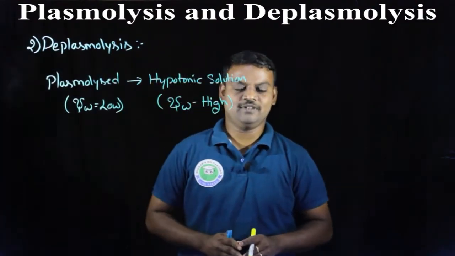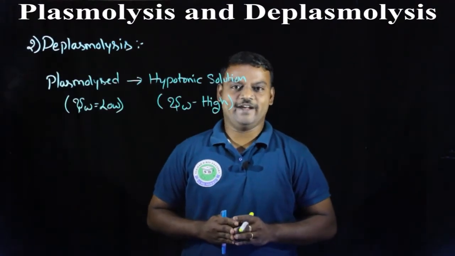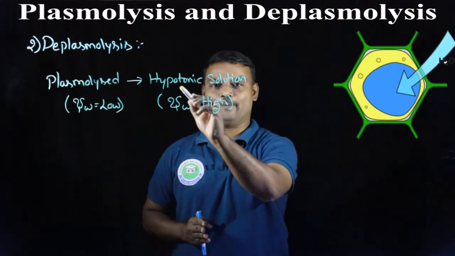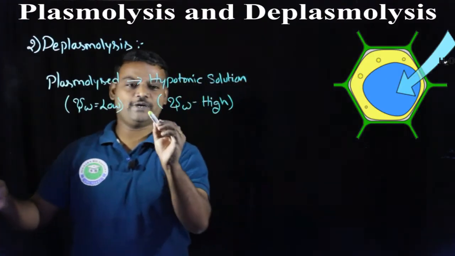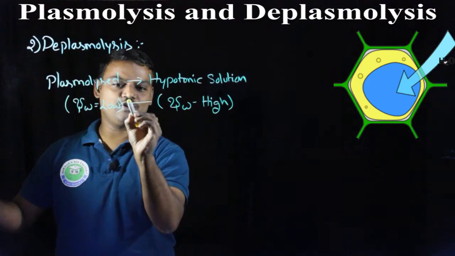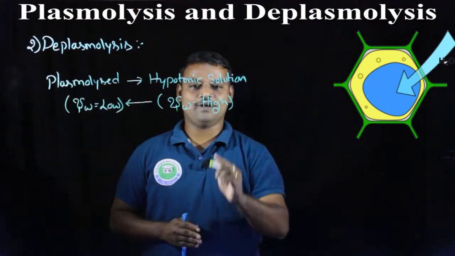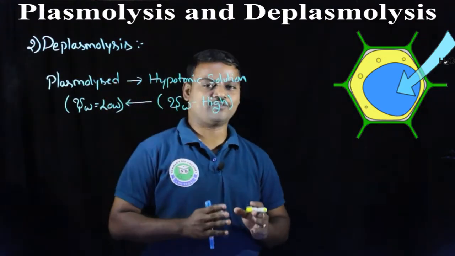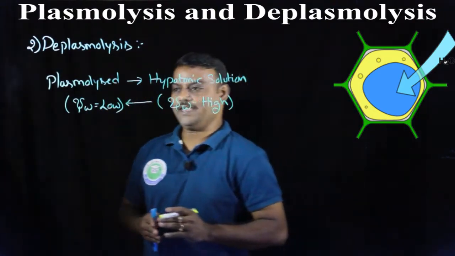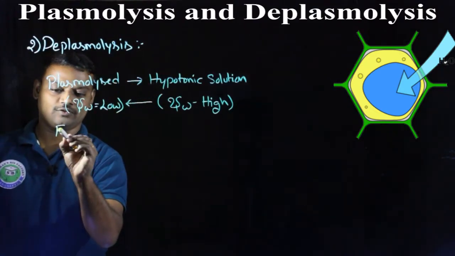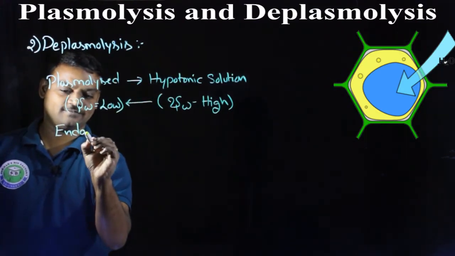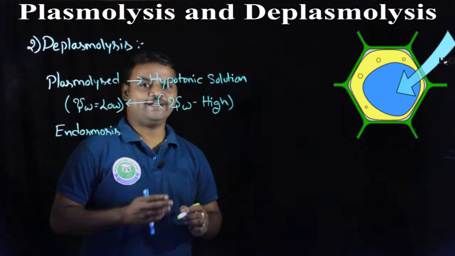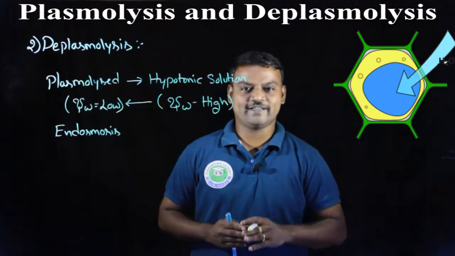In this condition, due to the concentration gradient, the water present around the cell is transported from the solution to the inside of the cell, from high water potential to low water potential based on the concentration gradient. It is said to be endosmosis. So in this way, the movement of water takes place from outside to inside of the cell.